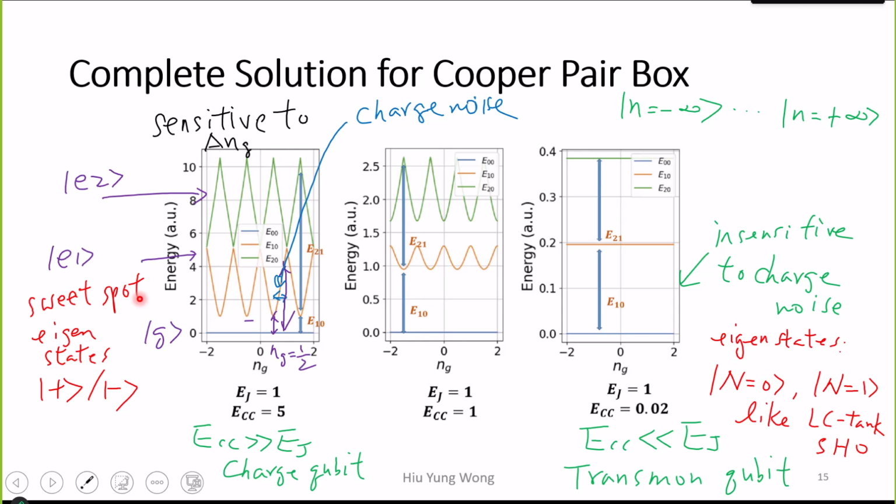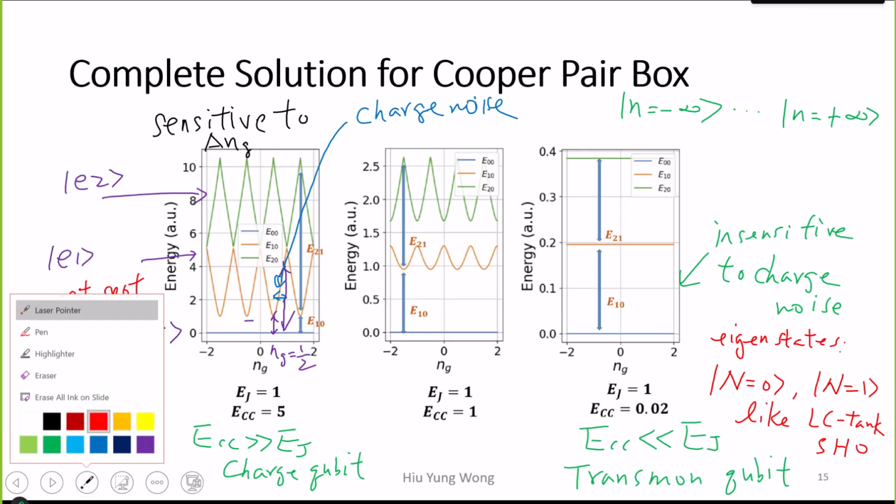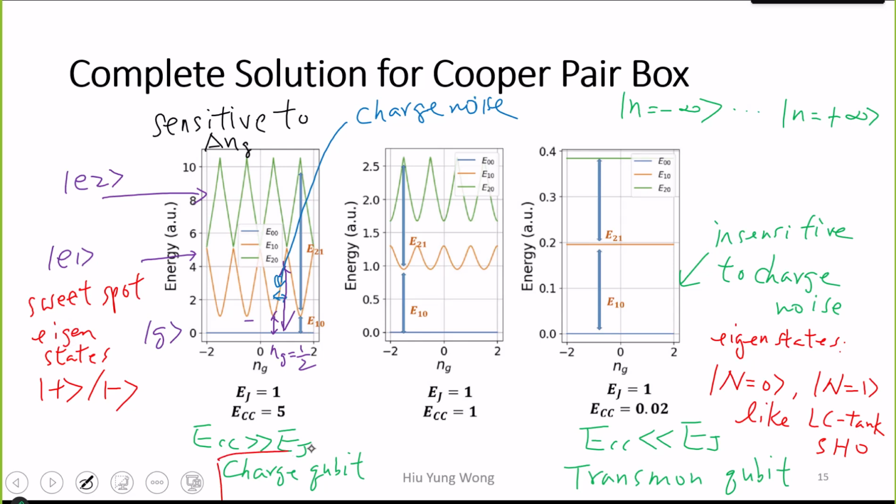That is the number of Cooper pairs. Here we have capital N equal to 1, which is the N of a simple harmonic oscillator. So here you won't get negative 1, negative 2. You must start from 0, 1, 2, 3, 4, 5. So that is the distinction between a Transmon qubit and a charge qubit at the sweet spot. Is that okay?